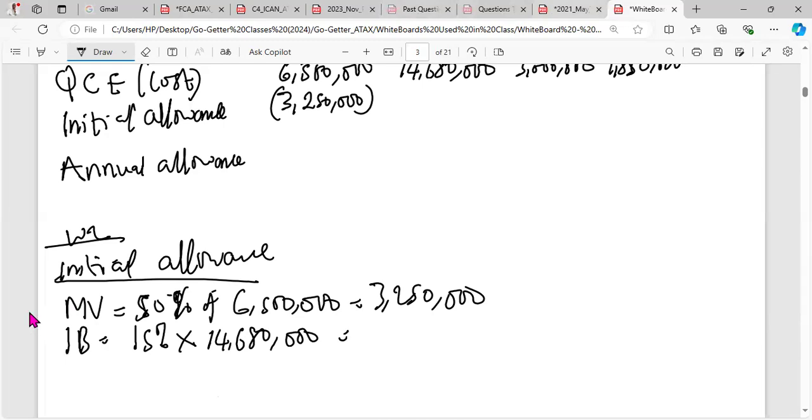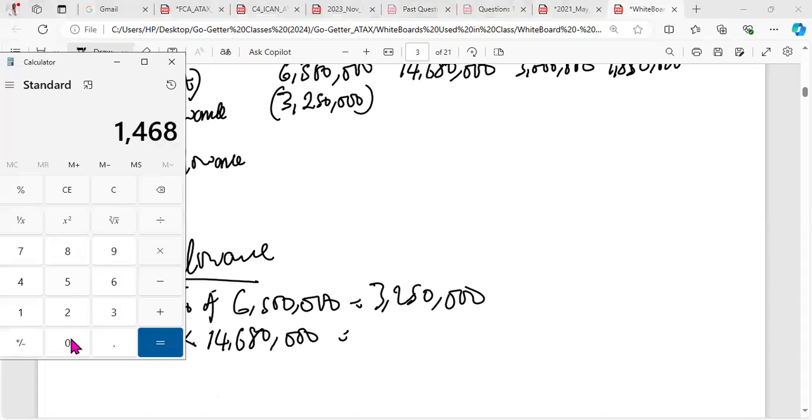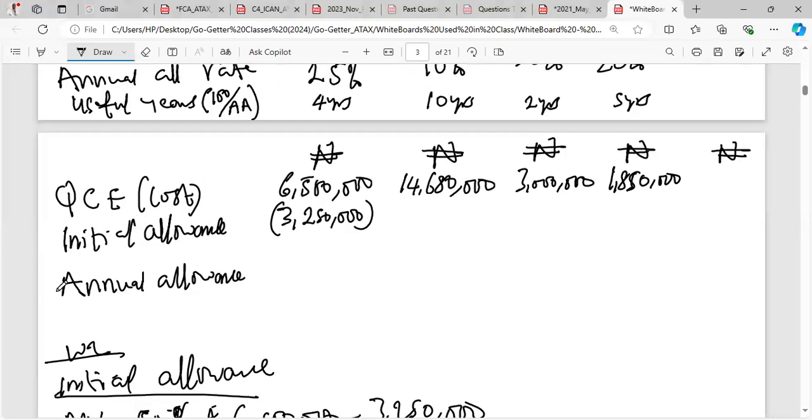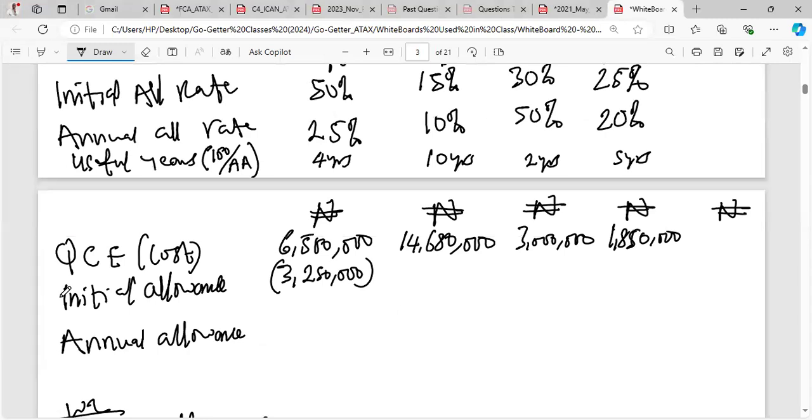So 14,680,000 times 0.15 gives 2,202,000. You come down here with 2,202,000.